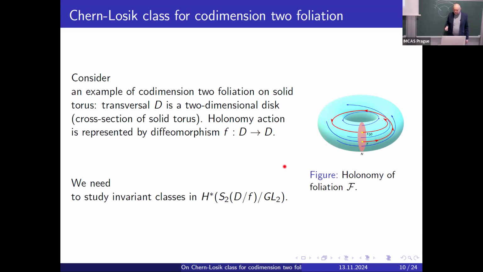So if we have a foliation of codimension 2, then we can speak about a two-dimensional transversal. And the holonomy group acts on this transversal by some diffeomorphisms F. And in fact, we need to construct classes which belong to this group. So we need to consider jets over D factorized by F with respect to GL2. So this is a direct generalization of this class.